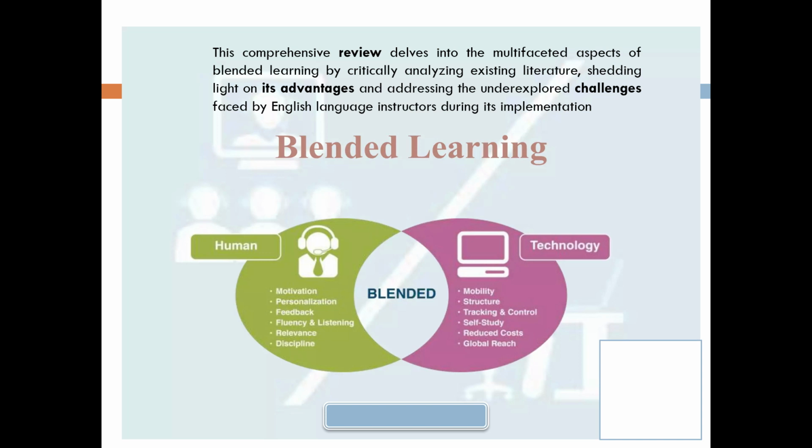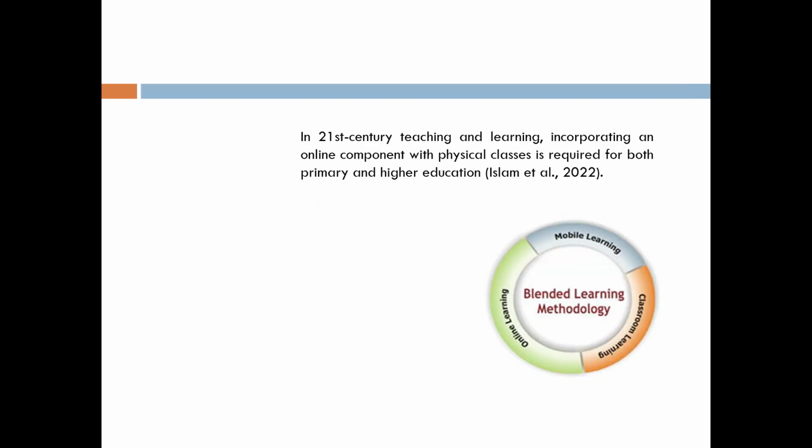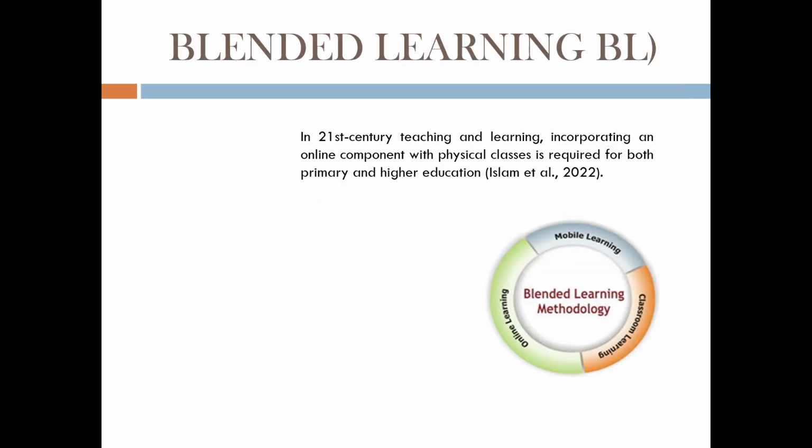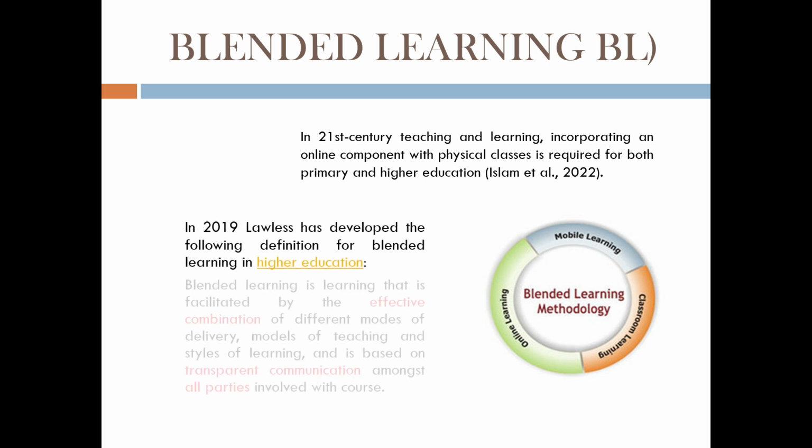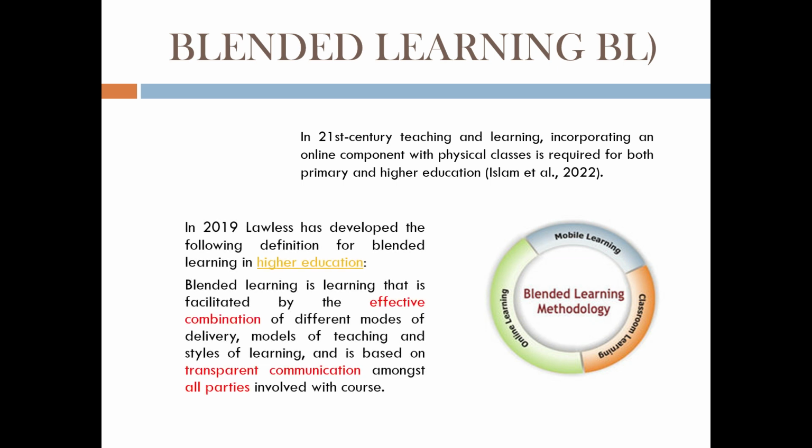As the graph shows, it is all about the blended learning concept. So we need to know what is meant by BL, blended learning. In 21st century teaching and learning, incorporating an online component with the physical classes is required for both primary and higher education, based on Islamic law in 2022.